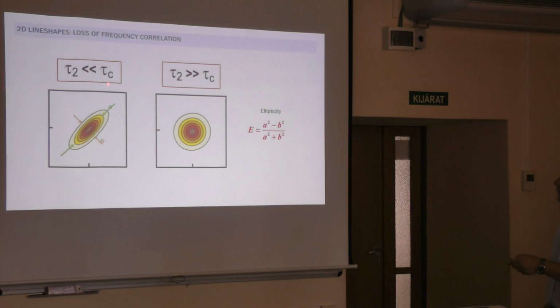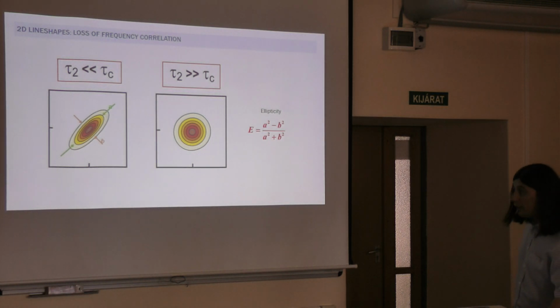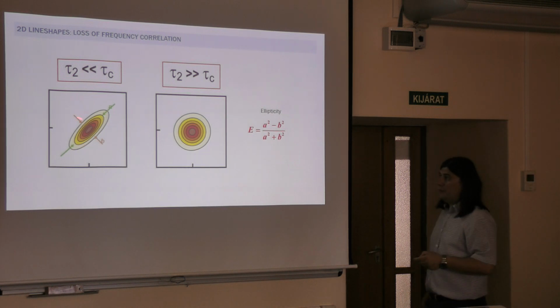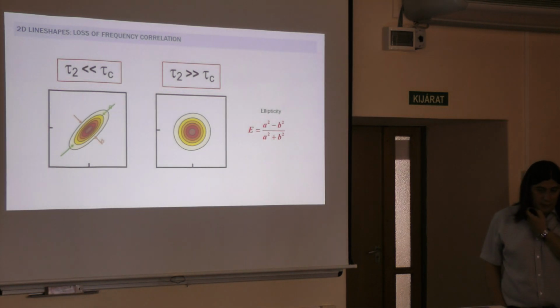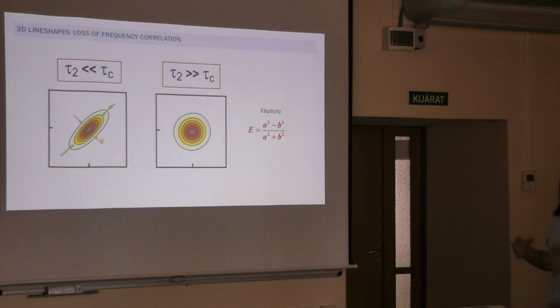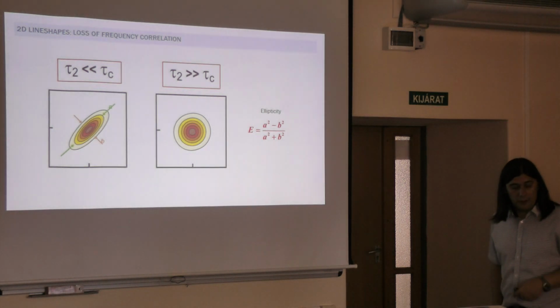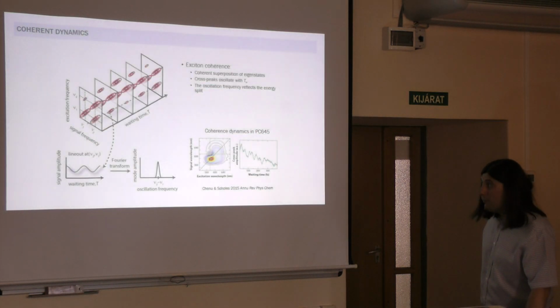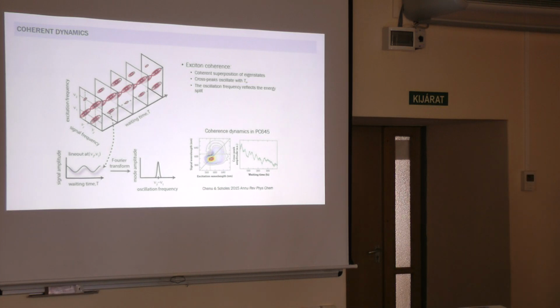There are other ways to do it, central line slope, nodal line analysis, and so on. We don't have to talk about that, but it is a very commonly used application of two-dimensional spectroscopy, because it tells you about the solvation, the solvent relaxation of the molecules, the motions of the molecules, and so on.